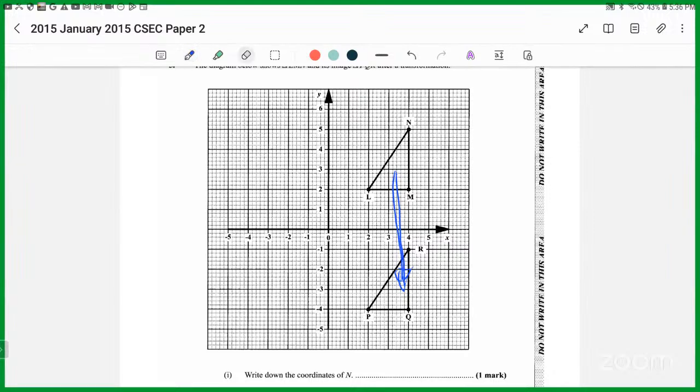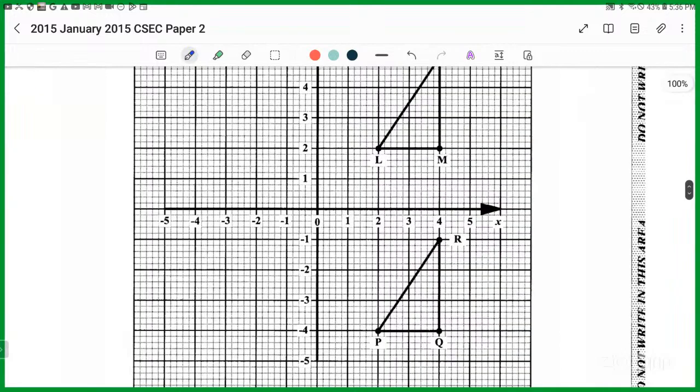How many units? Usually choose 1 point. For example, this went to this. Check the scale, if 1 centimeter is 1 unit. This is just a vertical movement downwards. 1, 2, 3, 4, 5, 6. That's a translation, 6 units downwards.